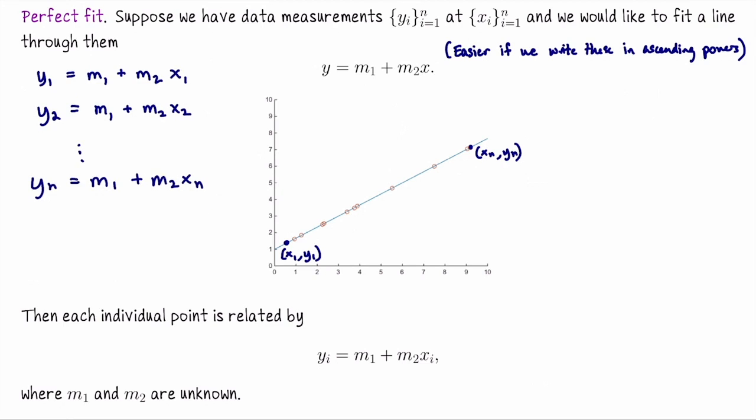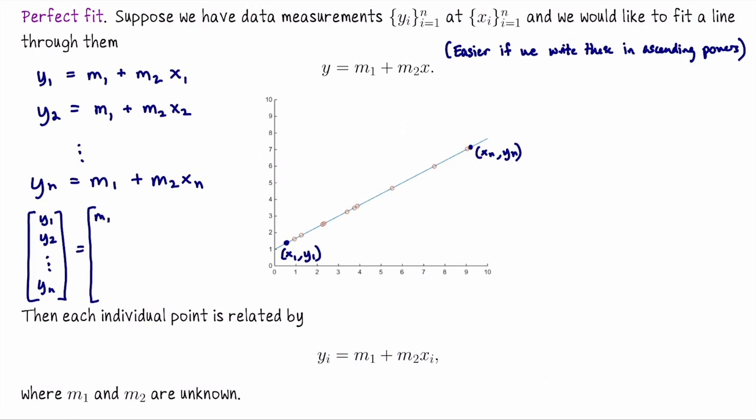We have a system of n equations, so we can organize these as a list of entries in a vector. So let me have y1, y2 through yn as the coordinates in a vector. And on the right, I'll start off with one vector and then we'll split them up.